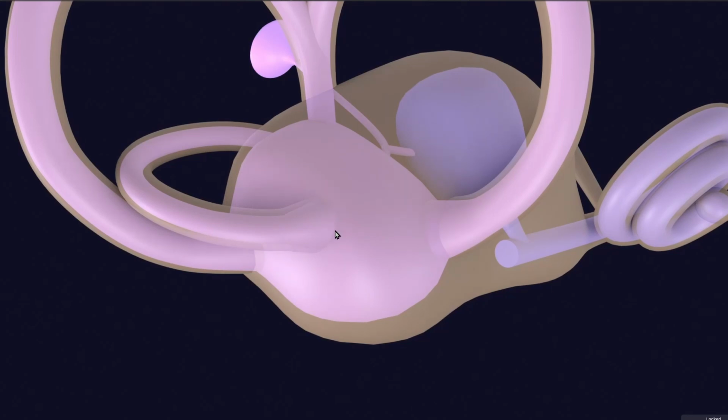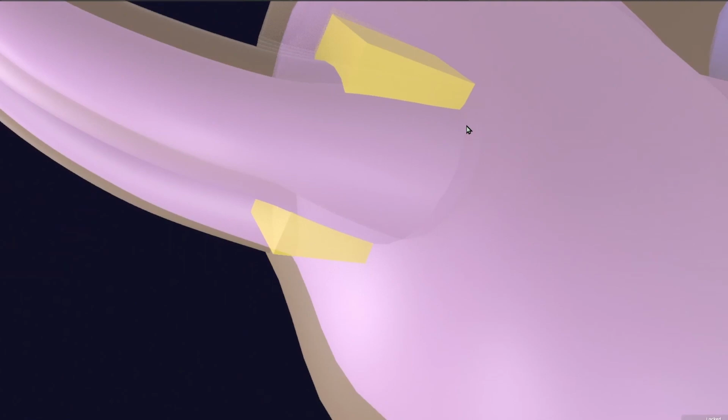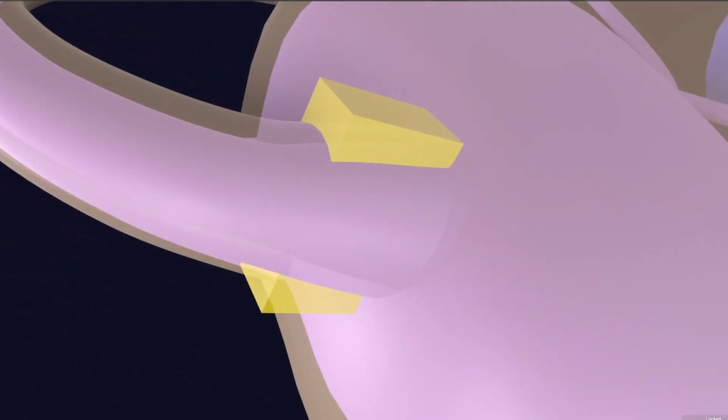So what I will do is that we will remove a part of it. For example, here you can see we will just remove this part. Let's suppose we are taking a section here. I hope you can understand clearly how I'm going to show you the section. We will focus only on this part. We will enlarge this part, and we will see what is going on inside and how the sensory organ develops at the histological level.